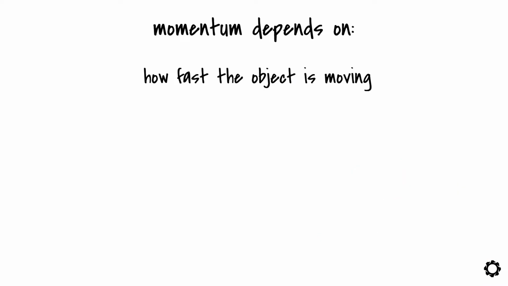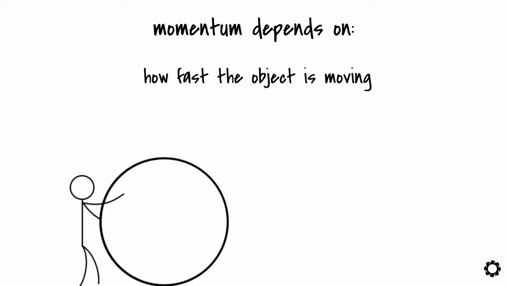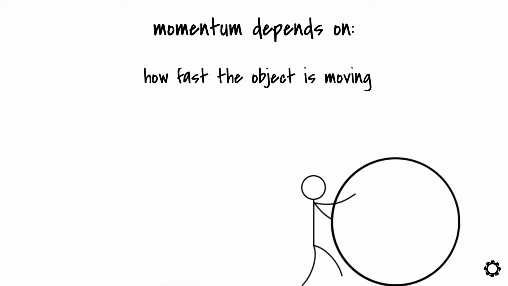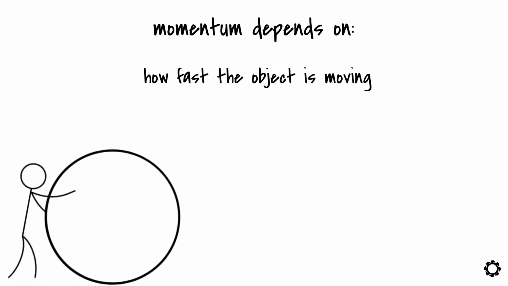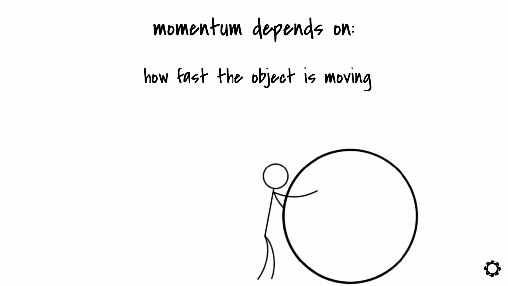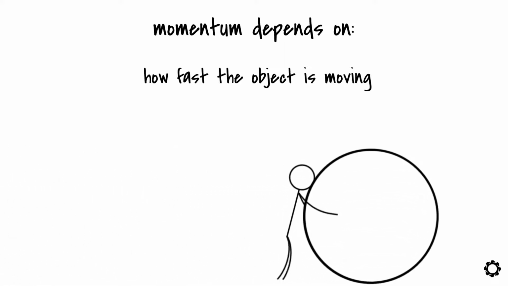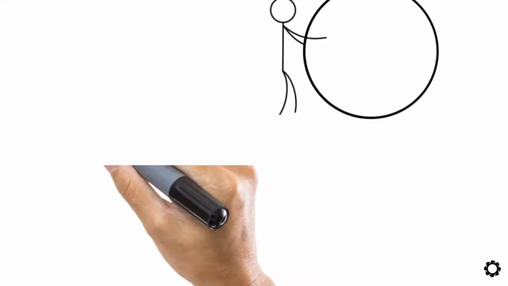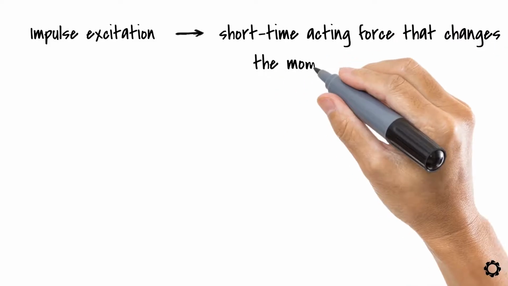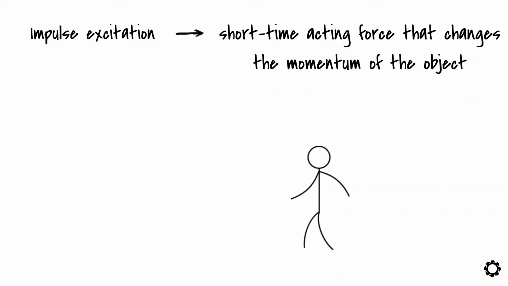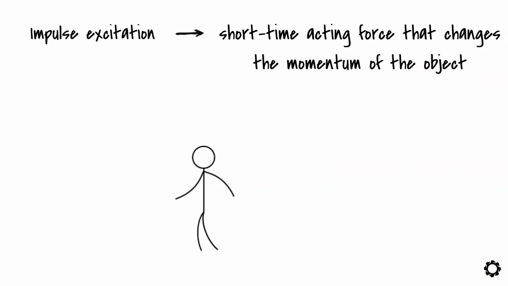Now, if to an object, static or moving, we apply a force for a short amount of time, the object will change its velocity. That will change the object's momentum. Of course, it depends on the magnitude of this force in comparison with the object mass. So an impulse excitation is that short-time acting force that changes the momentum of the object where this force is applied.